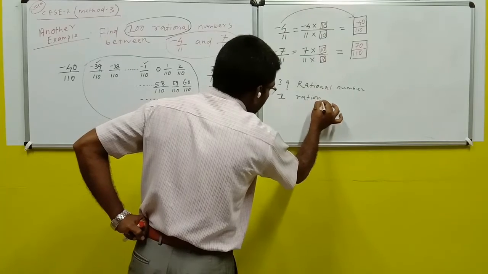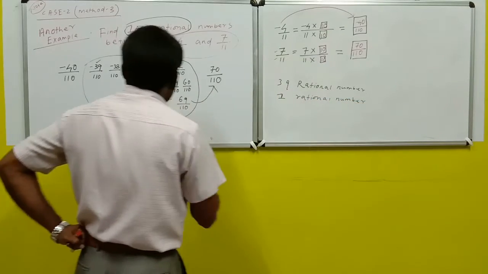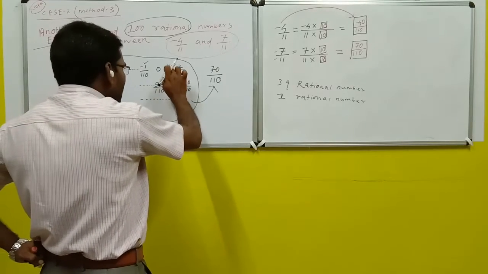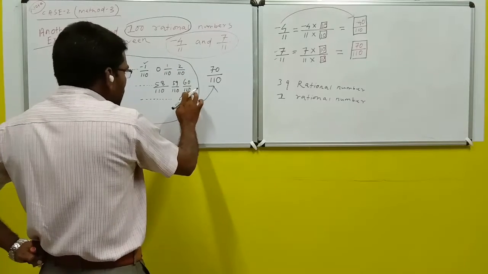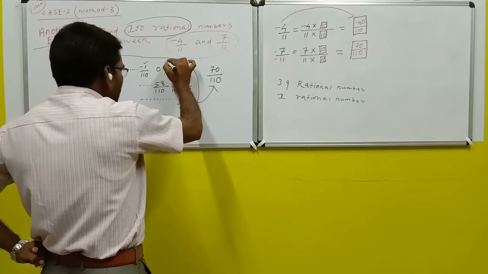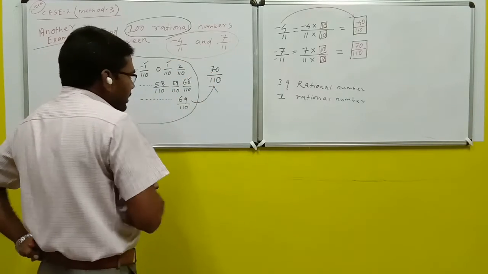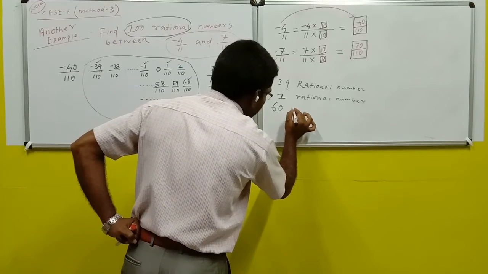And from 1 by 110 to 60 by 110, they are 60 rational numbers.